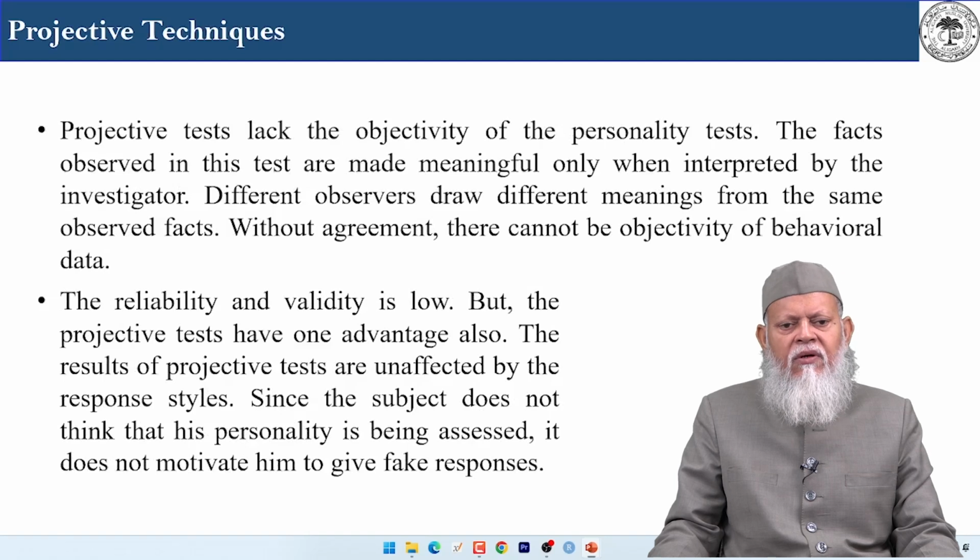No doubt, the facts observed in this test are meaningful only when interpreted by the investigator. Different observers draw different meanings from the same observed facts. Without agreement, there cannot be objectivity of the behavioral data. The reliability and validity is low, but the projective tests have one advantage also.